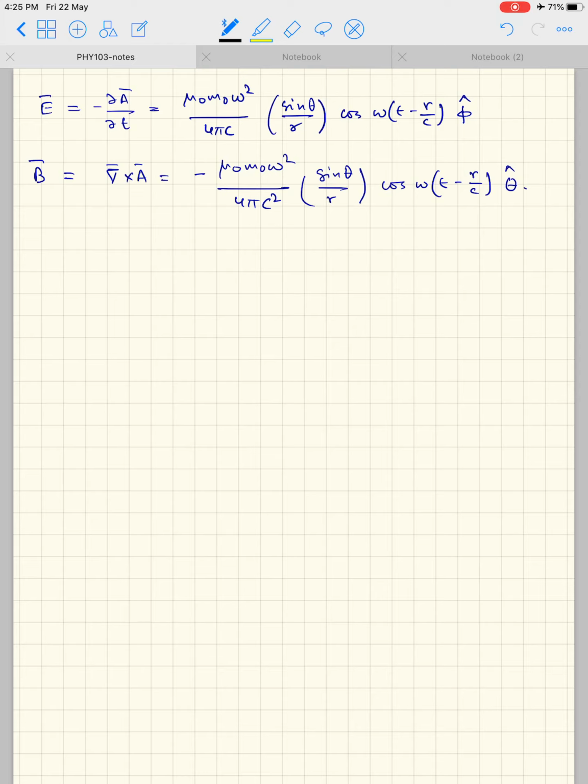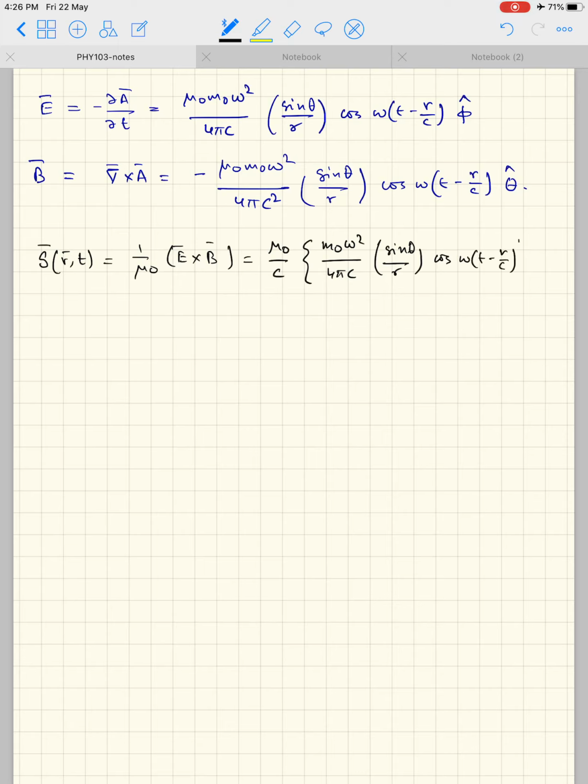And we are interested in what the Poynting vector looks like. So S(r, t) is equal to 1 over mu naught times E cross B. The expression for this is simply mu naught over c, m naught omega squared by 4 pi c sine theta over r cos of omega t minus r over c, the whole squared, r cap.